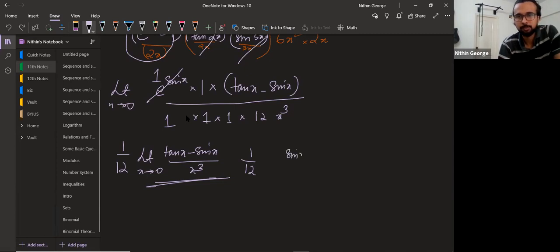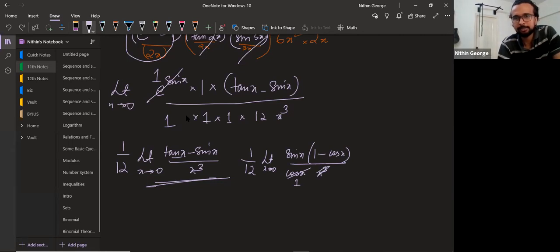I'll take sin x common. This becomes 1 by cos x minus 1. So 1 by cos x minus 1 can be written as 1 minus cos x by cos x into x cubed, limit x tends to 0. When I put limit x tends to 0, cos x becomes 1 here, so that goes off as 1. I have sin x.